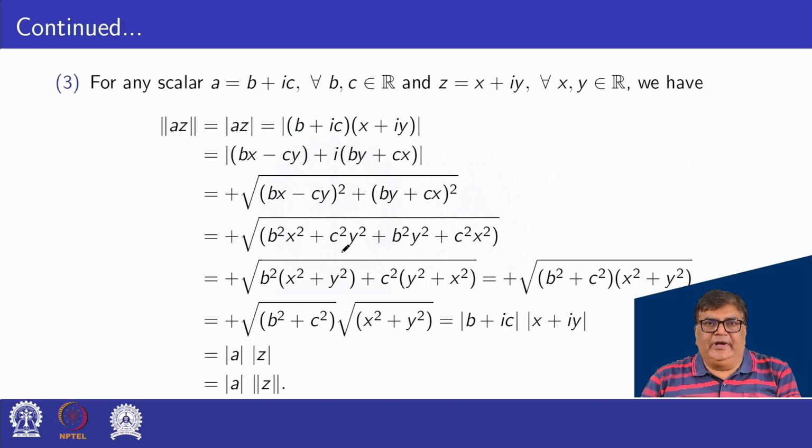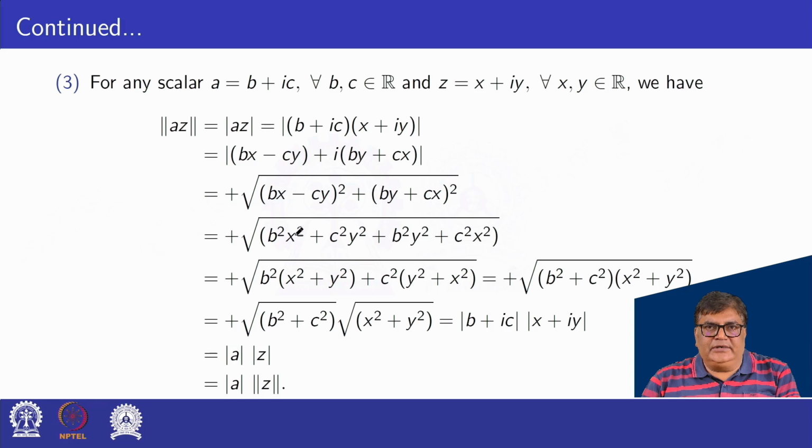Okay, expanding this using the formulas for the square of a minus b and the square of a plus b, we have square root of b square x square plus c square y square plus b square y square plus c square x square.